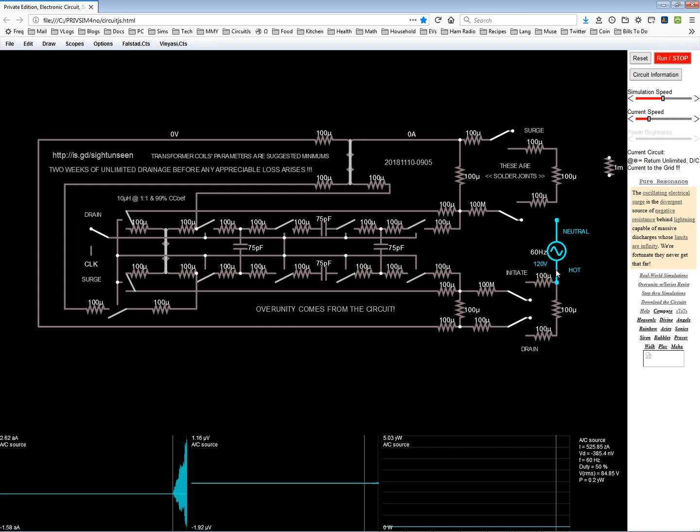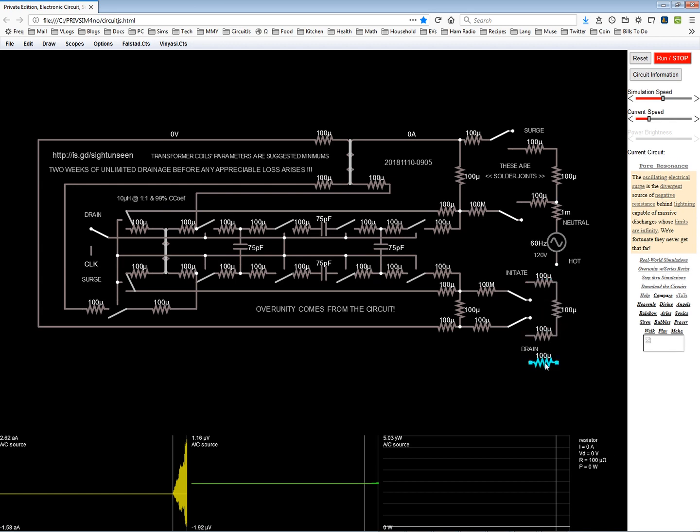Oh, I see why I did that. Okay. So I have to do this. And then put this down here. Let's see, where can I get a resistor from? Oh, here, we'll use this one. Whoopsie.